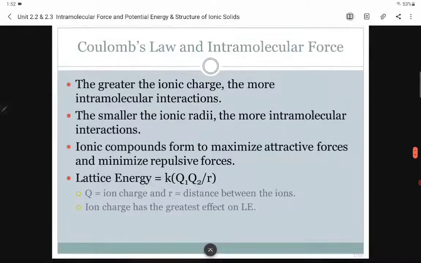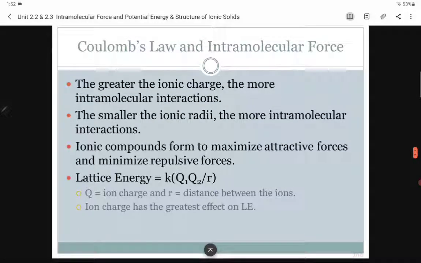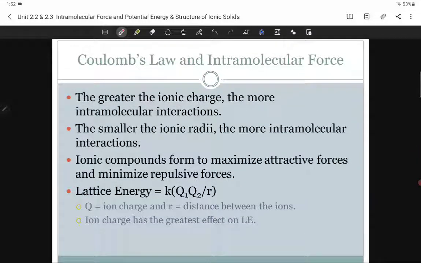And again, our old friend Coulomb's law. In this case, as we talked about last time, lattice energy. So we've got the charges of the ions, and we have the distance away from those ions from each other. If you wanted to compare how NaCl, what kind of lattice energy does it have, as opposed to maybe calcium with chlorine.